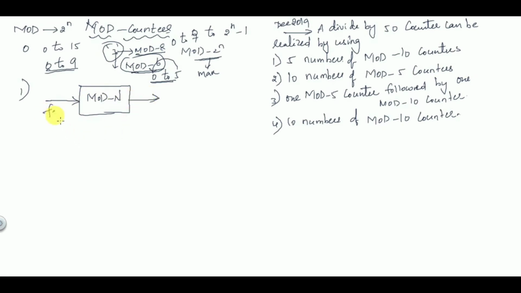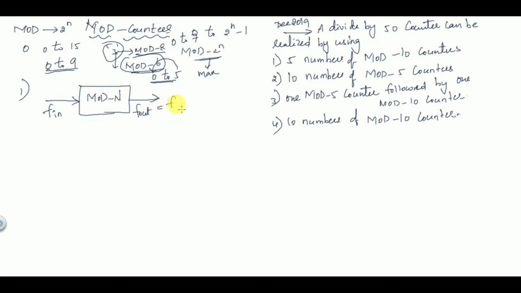If your input frequency is Fin, they may ask you Fout. Suppose Fin is 50 kilohertz and a mod 10 counter is used, then what is the output frequency? There is a chance of questions like this.